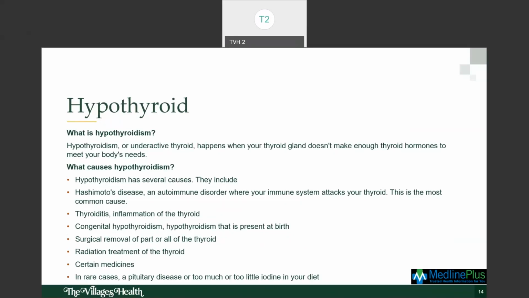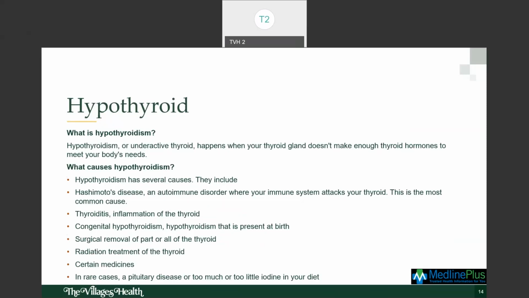So thyroiditis, again, is the inflammation of the thyroid gland. Congenital hypothyroidism is where you have this condition present at birth. Hypothyroid could also be caused from having surgery to remove a portion or all of the thyroid gland.